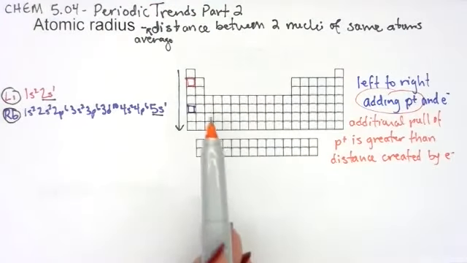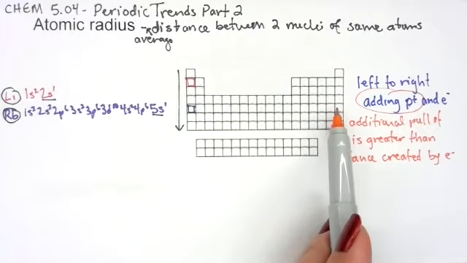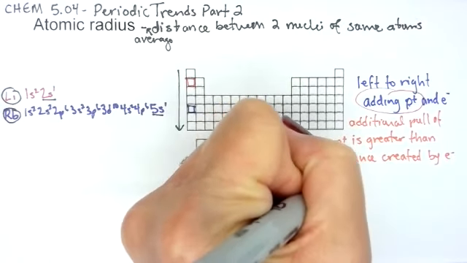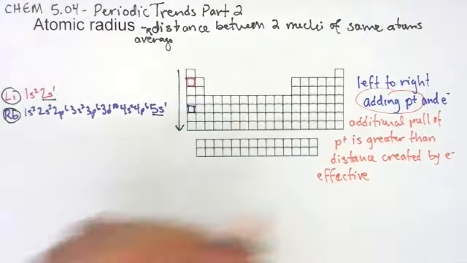In other words, as I go across, I experience a greater positive charge and it pulls the electrons closer to my nuclei. This phenomenon is called effective nuclear charge.